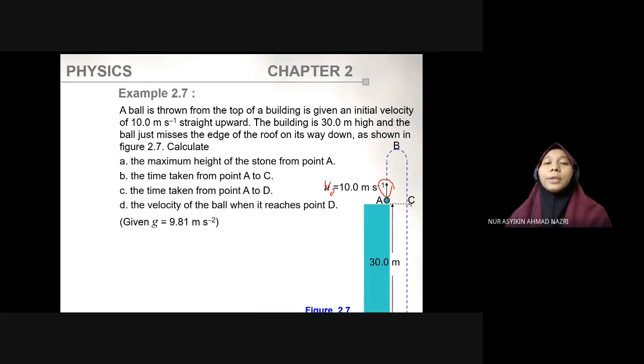At point C ni. Alright. So the maximum height of the stone from point A to B. Macam tu. Dia bukannya nak setinggi tinggi apa bangunan ni. Dia nak from point A to B.